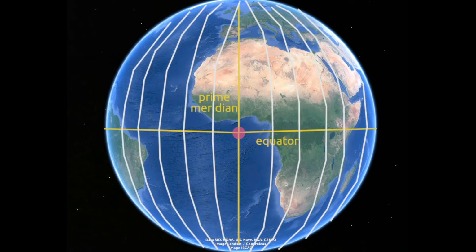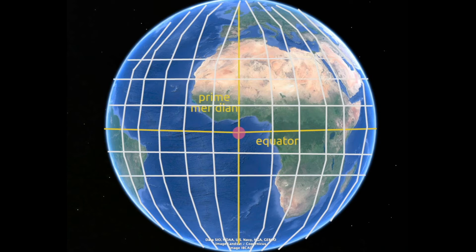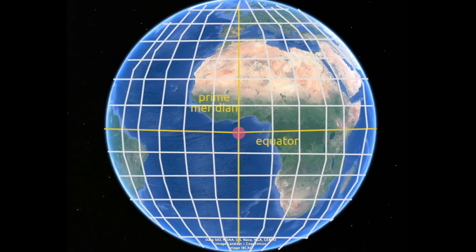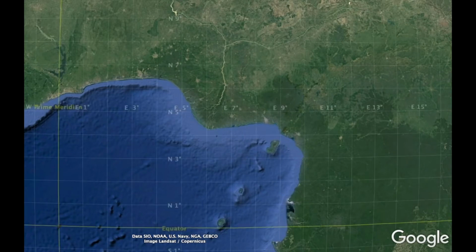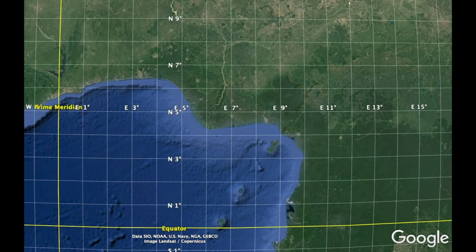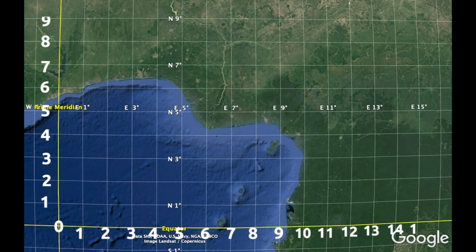Scientists and cartographers divided up the equator and the prime meridian into units, or as they call it, degrees, creating the whole grid system. Let's zoom in to just off the coast of Africa to see how the coordinate plane looks in that position. As you can see, each line on the map represents one unit and 1 degree.